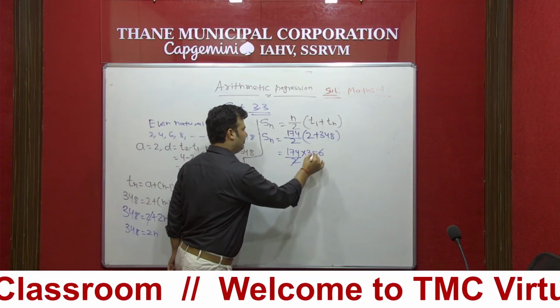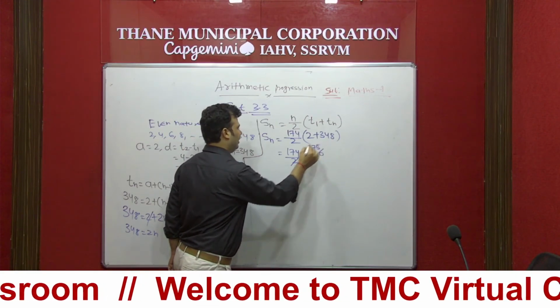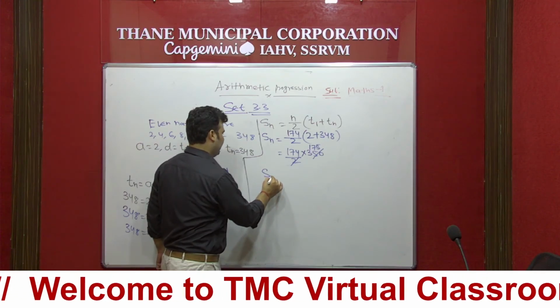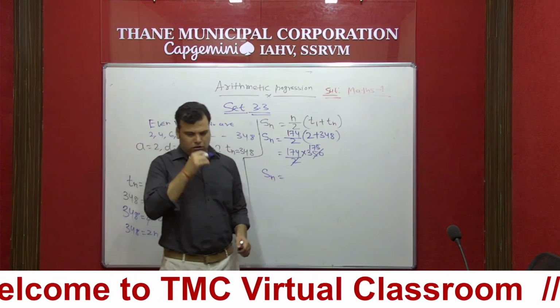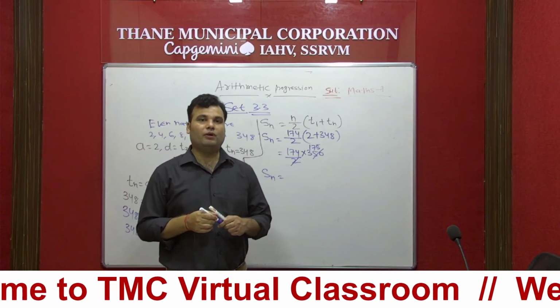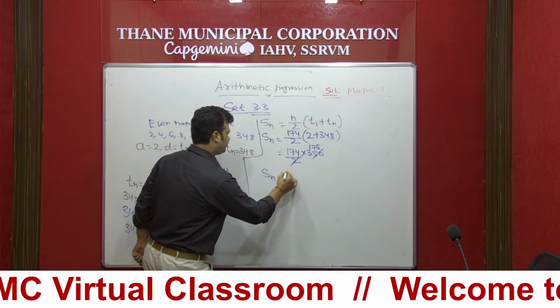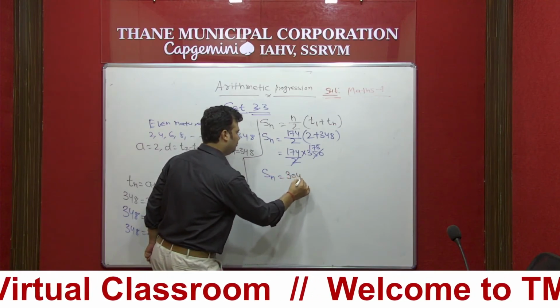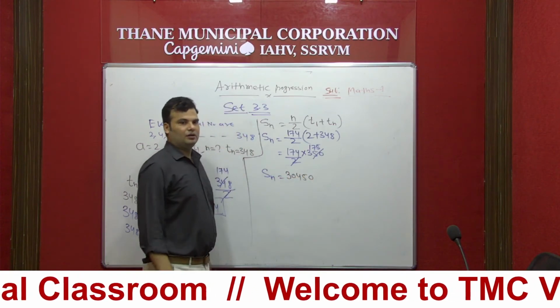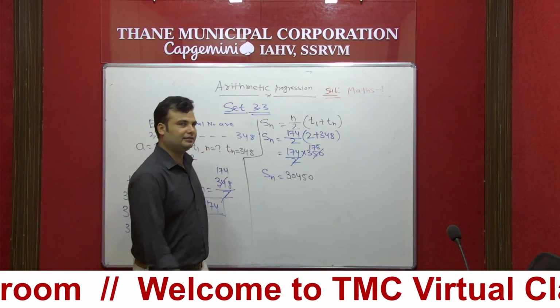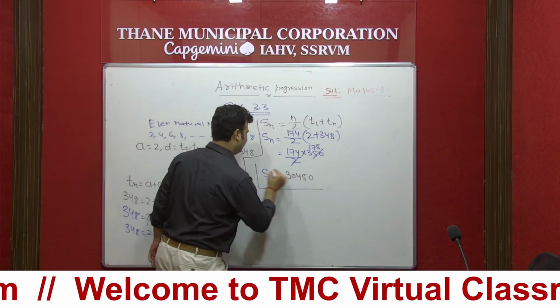You have to divide, answer is 175. So Sn equal to, we have to multiply 175 into 174. So answer is 30450. That is your final answer, Sn.